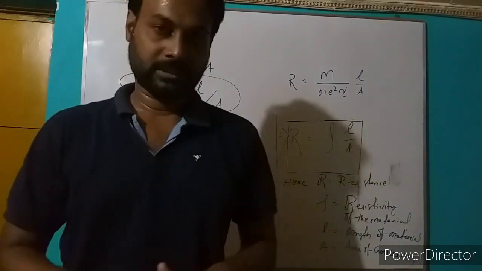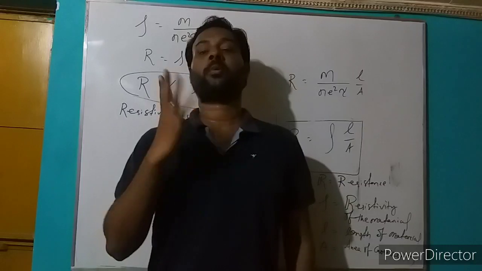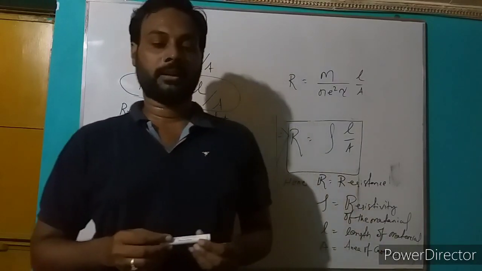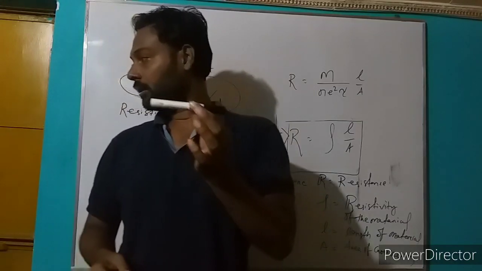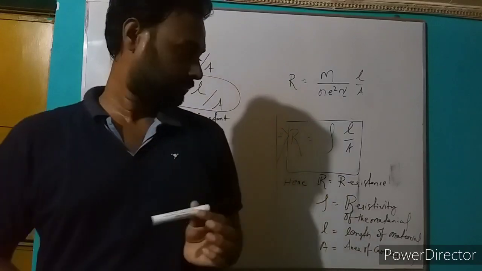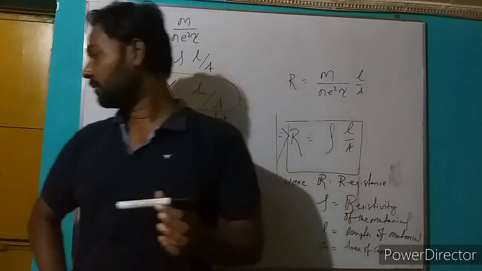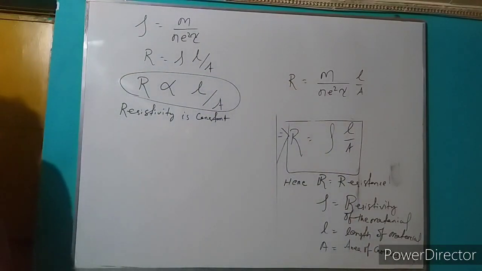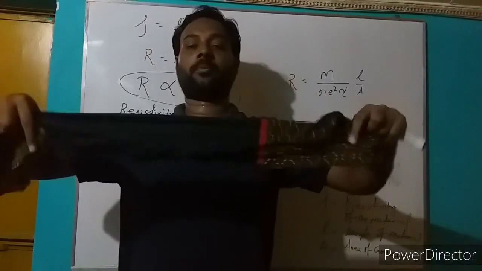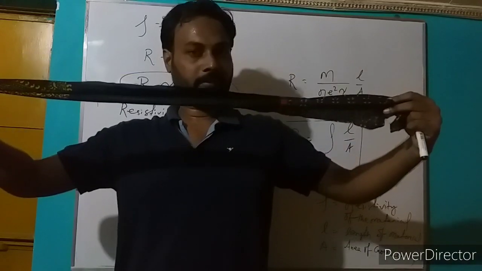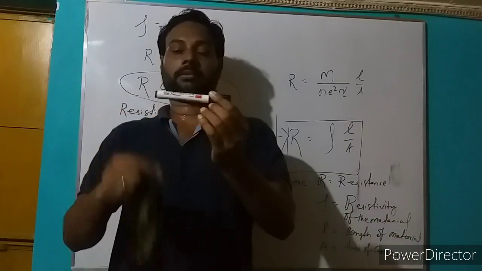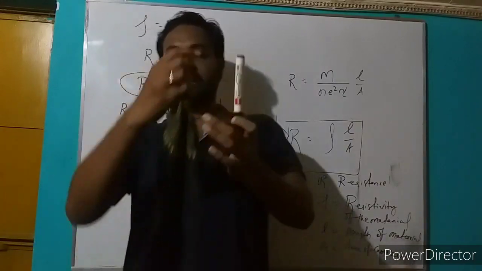See, if we assume two copper wires, so this is copper wire 1, and second one, this is copper wire 2, and this is copper wire 1, which is quite small as compared to this one.